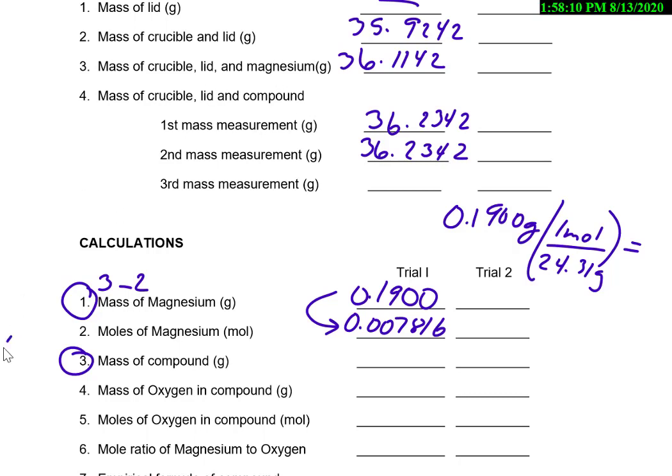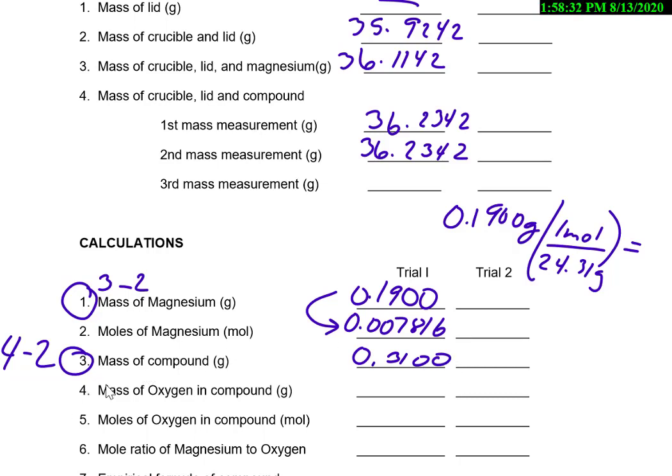So for this one, we're actually taking number 4 and subtracting 2. And when we do that, we need to look at number of decimal places since it's subtraction. So 4 decimal places will be kept. So this comes out to be 0.3100. That's the mass of the compound.